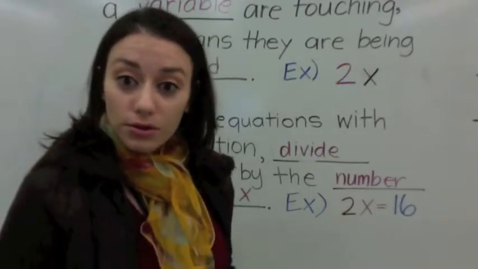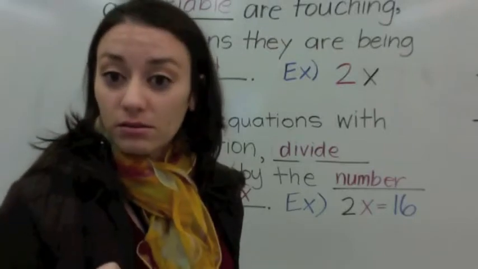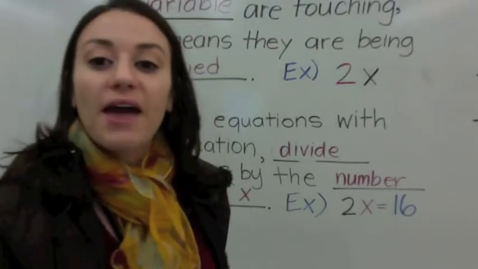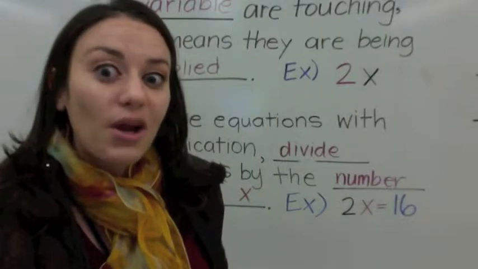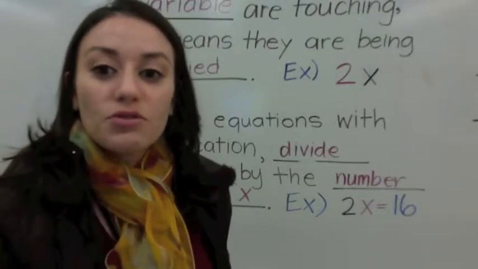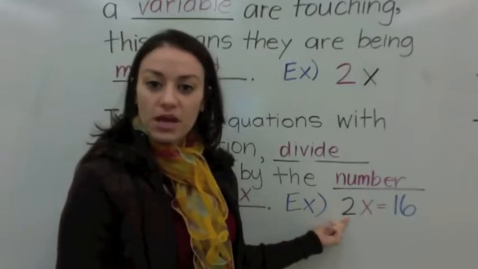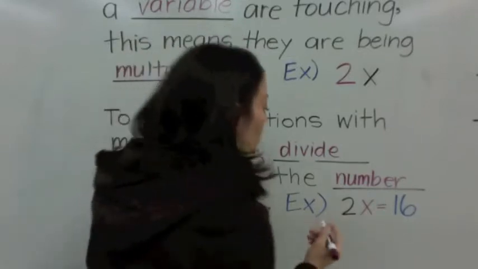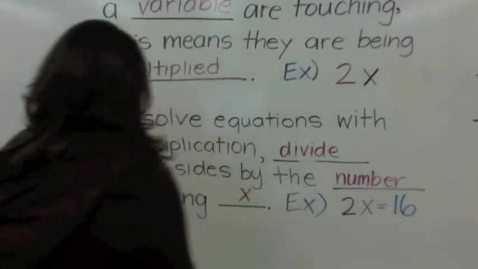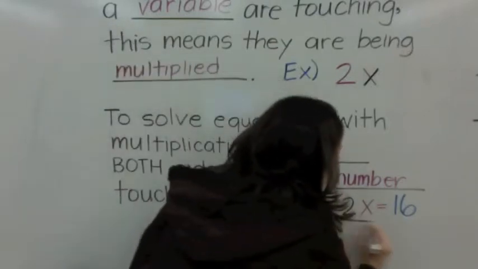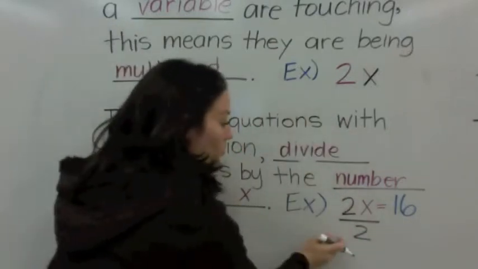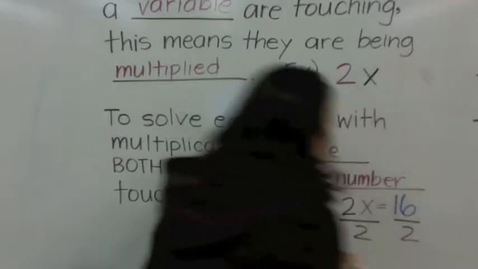So in order to be single, to get x by itself, you have to divide or divorce. Who does she want to get rid of? This is Mr. 2, right? So you can divide both sides by 2. Whatever you do to one side, you must do to the other side.